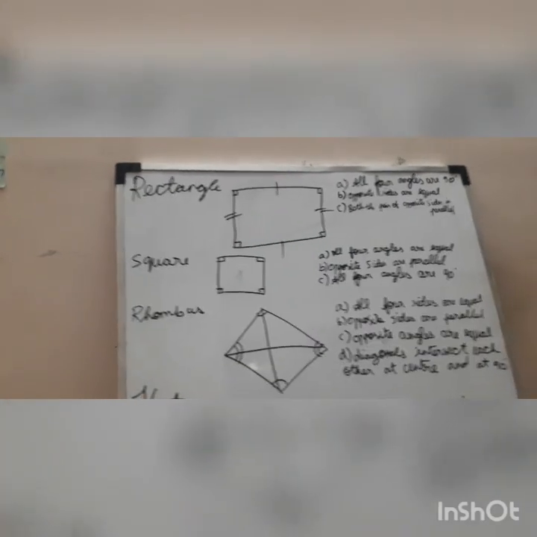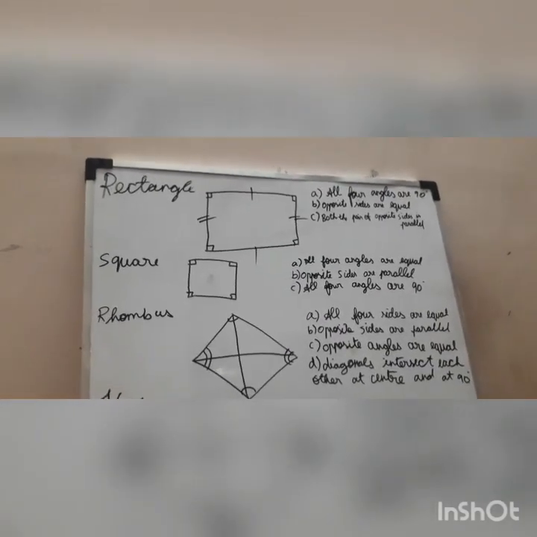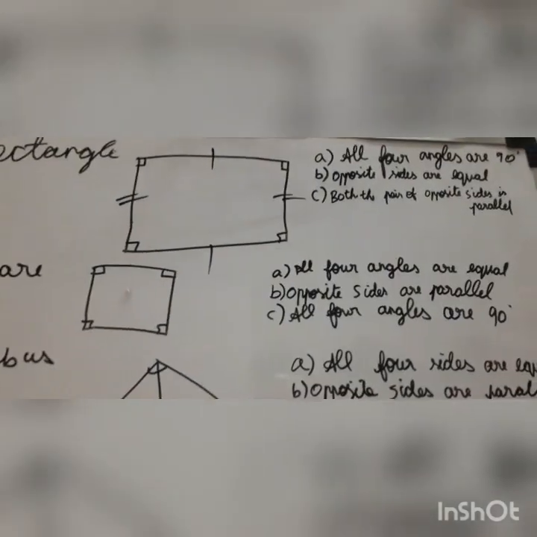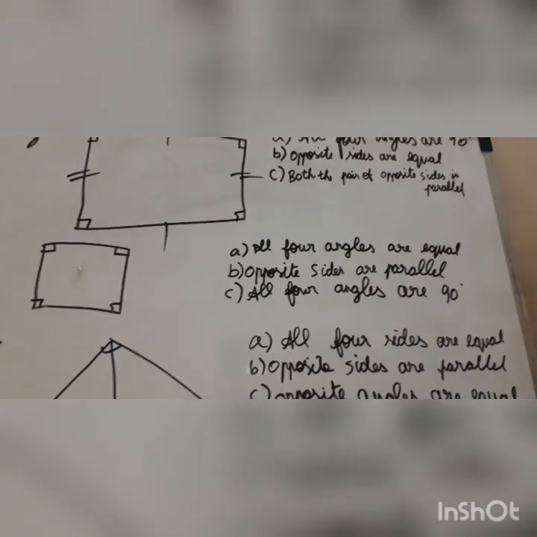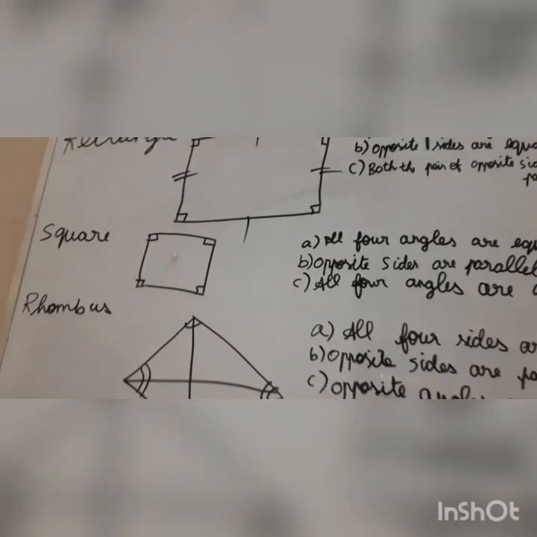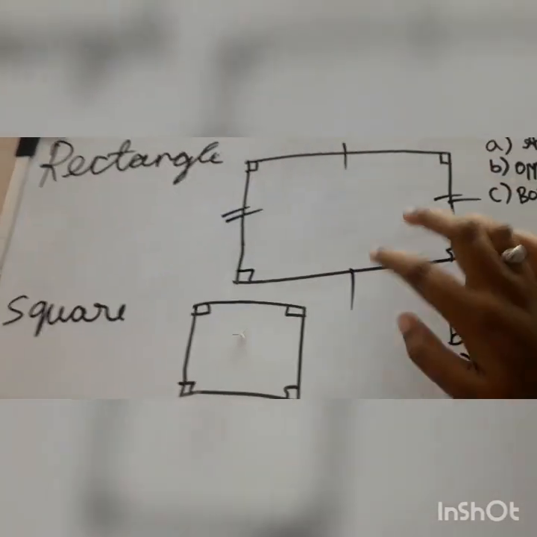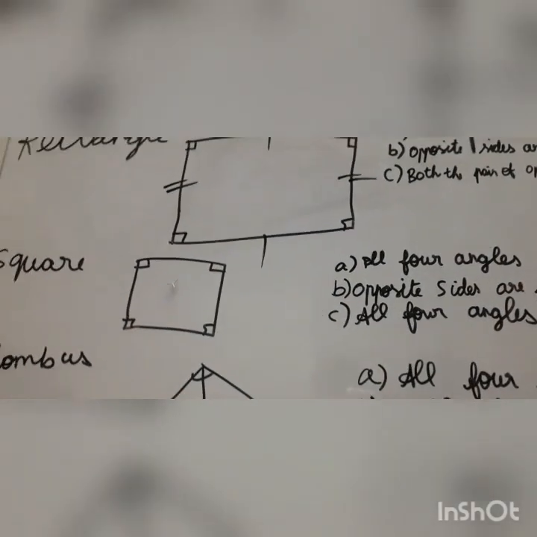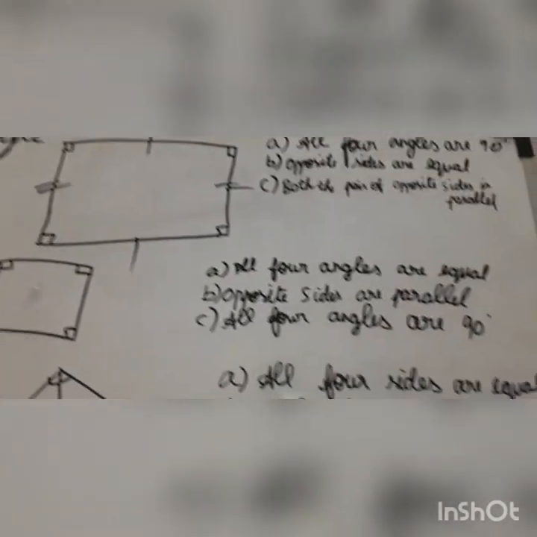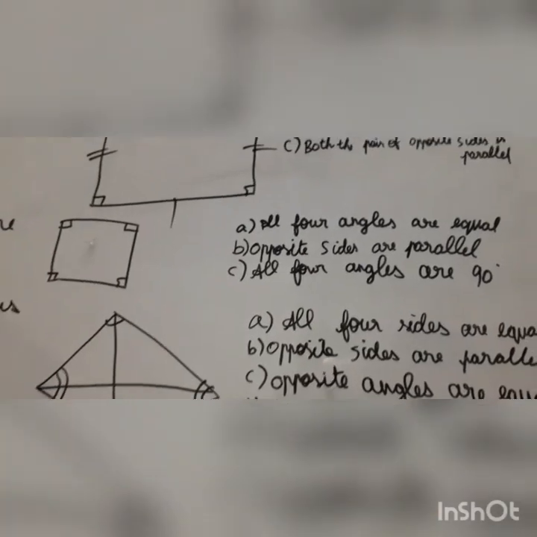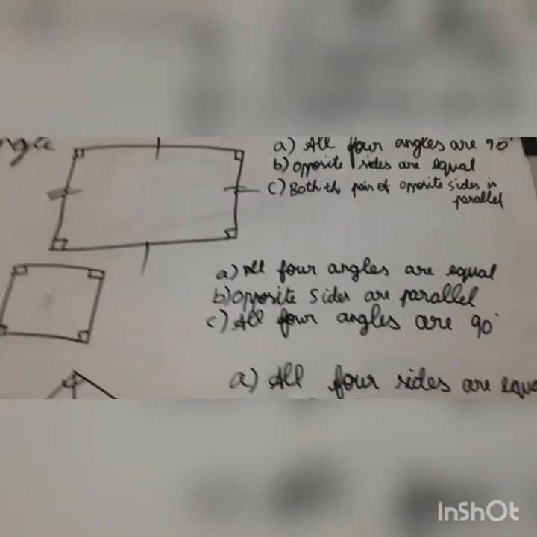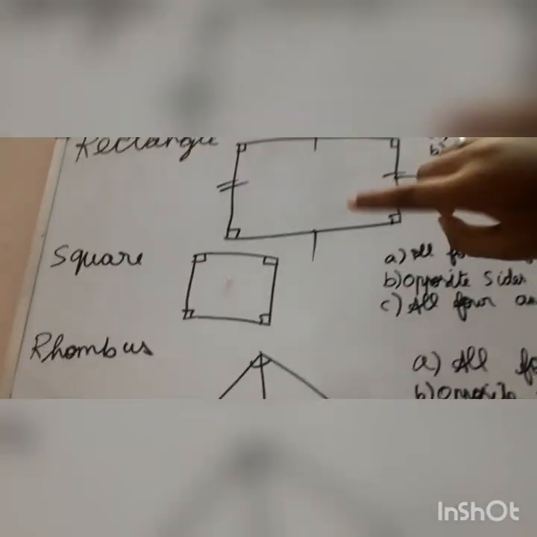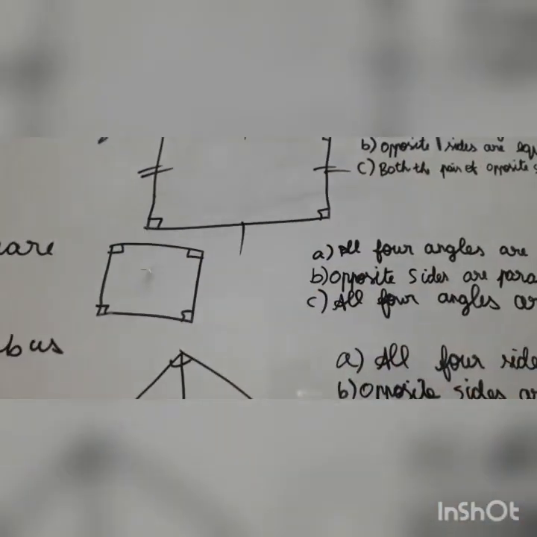In a rectangle, all four angles should be 90 degrees. Okay, all the four angles are 90 degrees and the opposite sides are equal. In this picture, these opposite sides are equal. Okay, then next, both pairs of opposite sides are parallel. These two are parallel and these two are parallel.